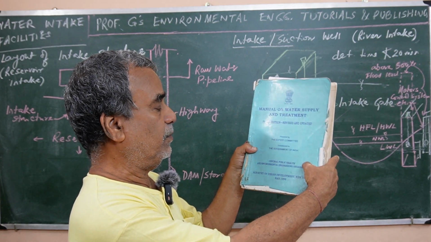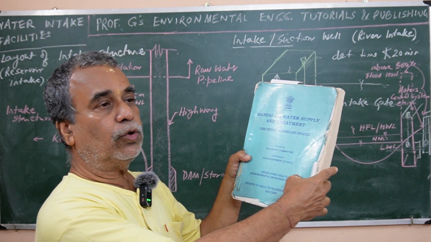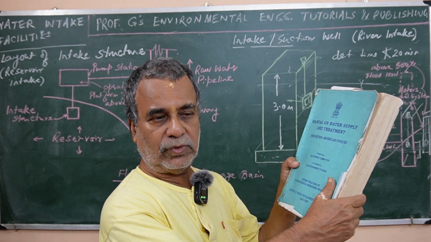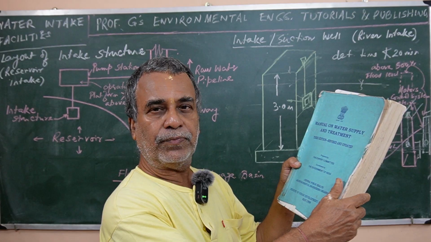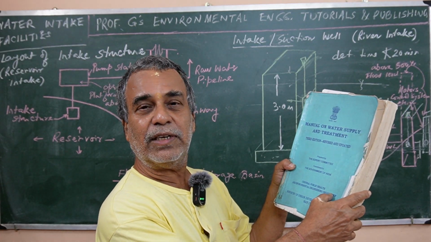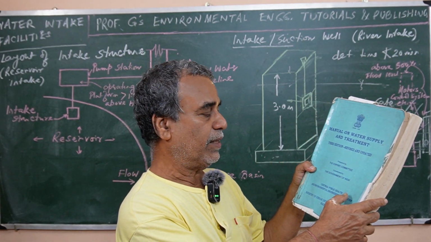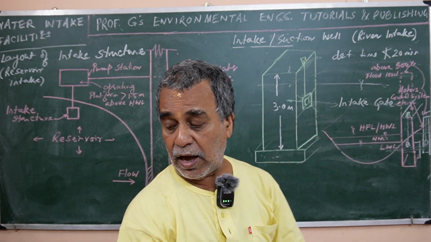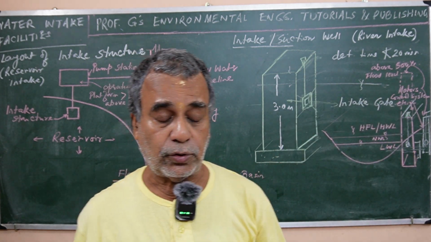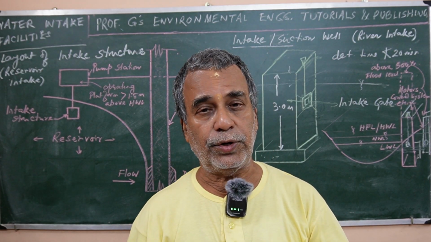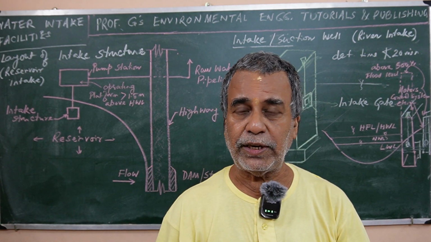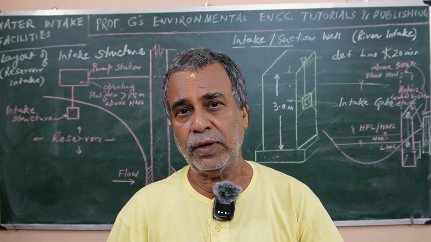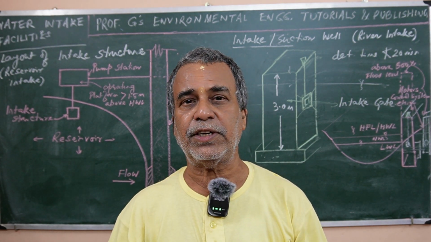This is published by CPHEEO. This is a routine publication every few years interval or so. It is updated by the Ministry of Urban Development and it is uploaded on their website, so anybody can download this. It is free also.